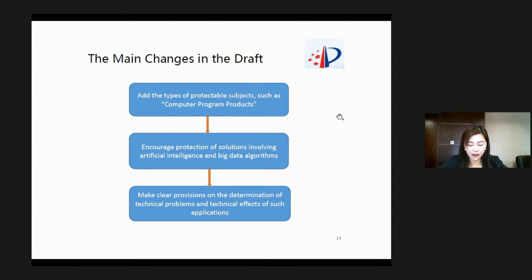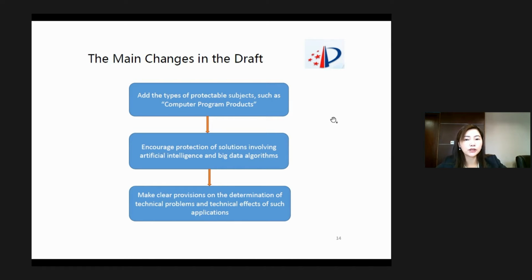The revised patent law was implemented on June 1st this year. The implementation rules of the patent law are in the process of revision. The corresponding patent examination guidelines, with a revised draft, are in the process of soliciting opinions from the public.